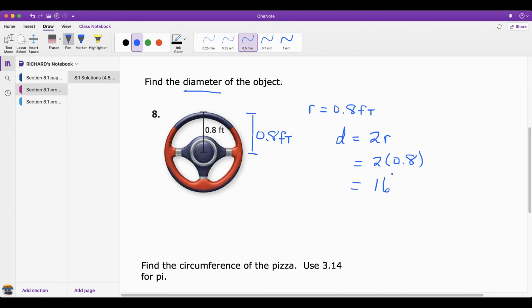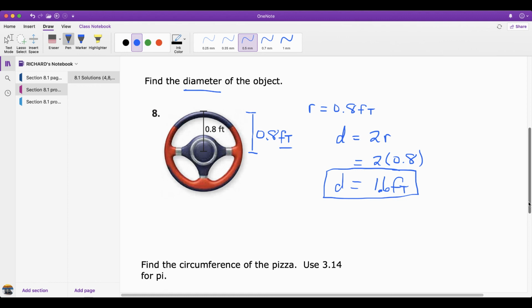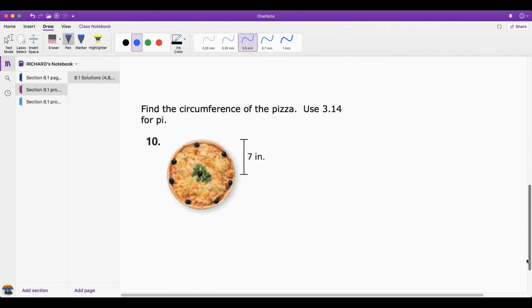And so if I estimate this, it would be like 2 times 1, which is equal to 2. So this answer should be 1.6. And the units are feet. So my diameter is 1.6 feet.